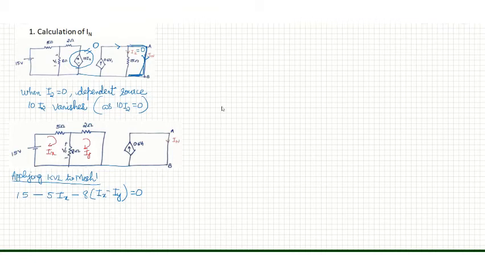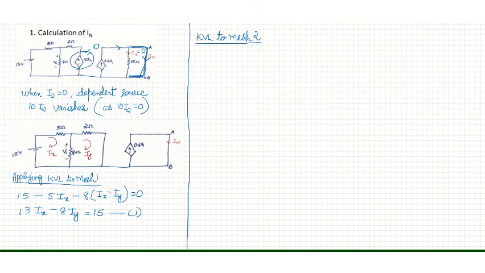Separating the terms of ix and iy, we get 13ix minus 8iy equal to 50. This is equation number 1.